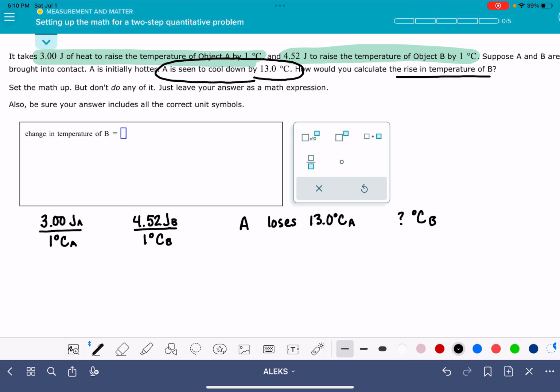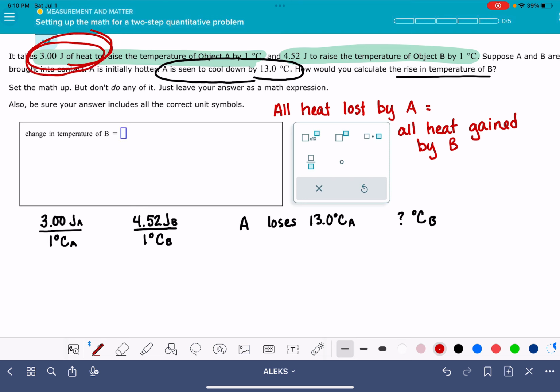It's still pretty tricky. Another thing I do know about this problem, and this is also another thing that makes this particular version tricky: you may not have come to this information yet in your chemistry class, but all of the heat that is lost by object A, the hotter one, is absorbed by object B. So all of the heat lost by A is the same as all of the heat gained by object B. And this heat is measured in units of joules, not in Celsius.